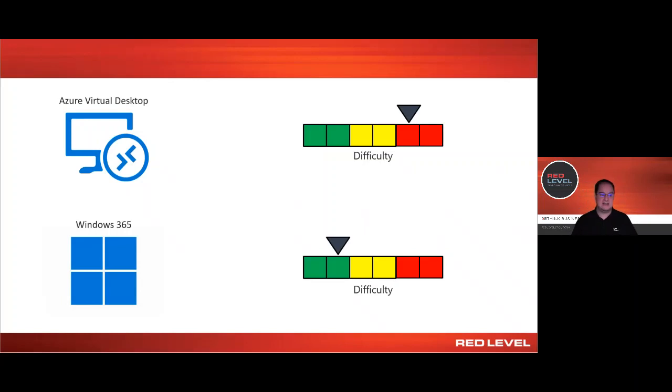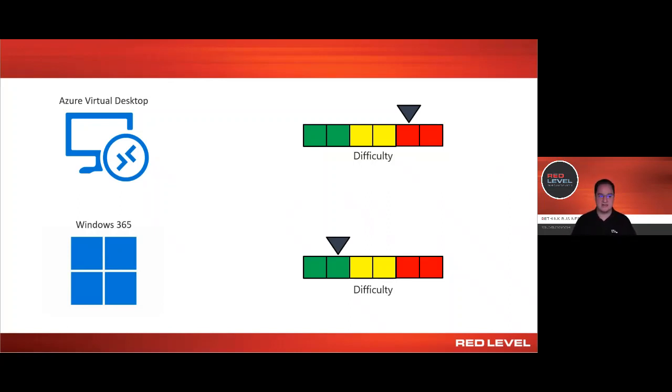Another big difference is the difficulty. Even though AVD is quite a bit simpler than your traditional RDP, it is pretty difficult. You still need staff to set up the Azure Virtual Desktop networking, make sure that your network security groups are right, and you have antivirus, and you're locking down what those machines can connect to in terms of your LAN or your different VNets.